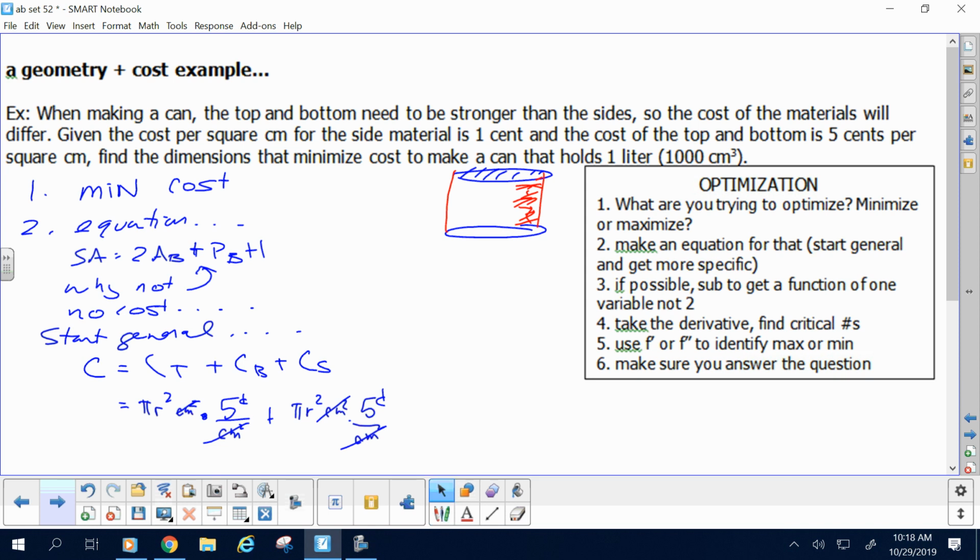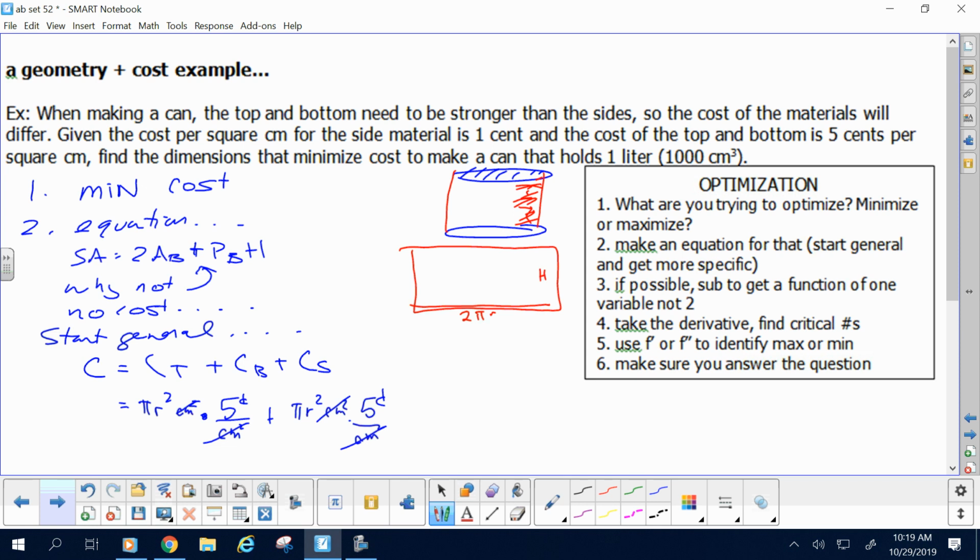That's correct. How do you find the lateral surface area of the cylinder? 2 pi r times... You unwrap it and you make a rectangle. Okay, so if you were to unwrap this side and make a rectangle, the bottom edge is the same as the circumference, 2 pi r. And the height is what it is.